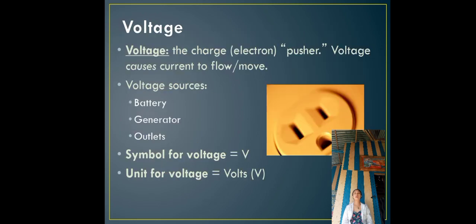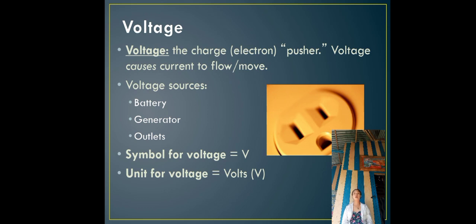Next to define is voltage. Voltage is the charge or electron, or in other words, the pusher. Voltage causes current to flow or move. So the voltage sources are batteries, generators, and outlets.